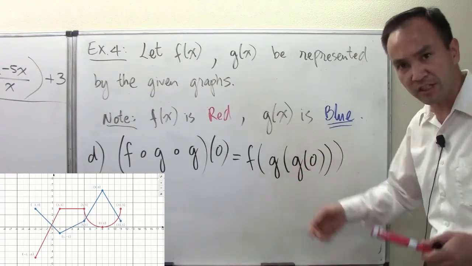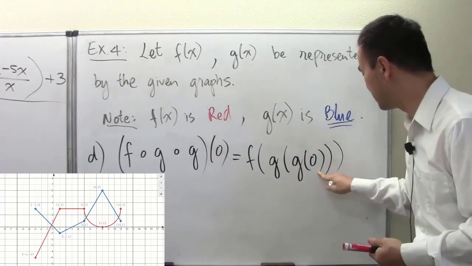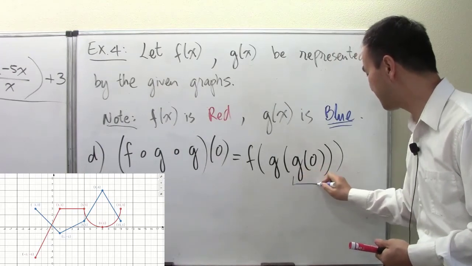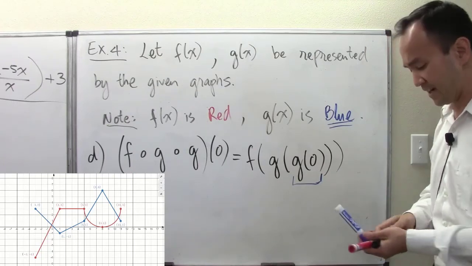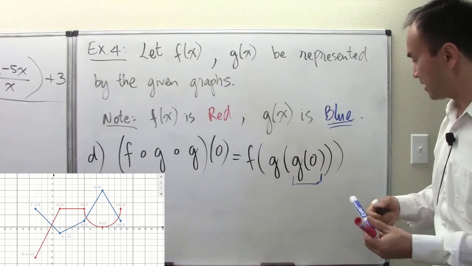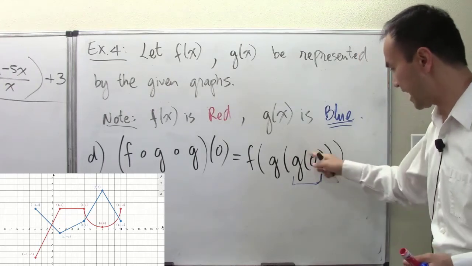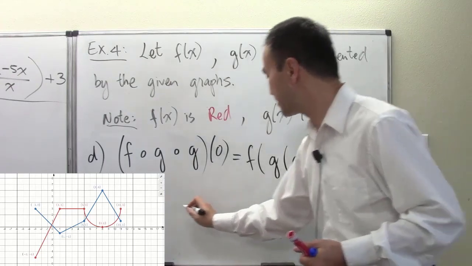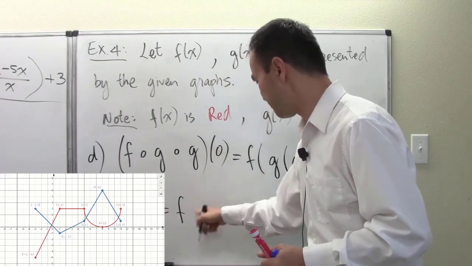It's just the way this problem is set up. So I have to go with the blue graph. That's where I put the blue brackets. On the blue graph, when input equals 0, the output for the blue graph is... now in my next step, I'm still going to write down the f.